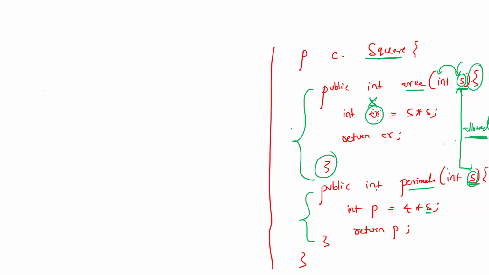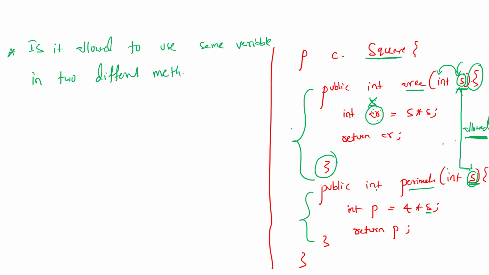So let me make one question of this. Is it allowed to use same variable in two different methods? Two different methods of same class or different class? Of same class is my question.